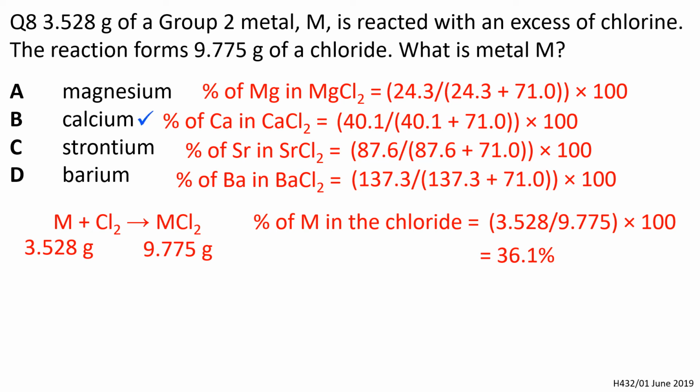The answer is going to work out to be calcium. So 40.1 for the calcium divided by 40.1 plus 71.0, multiply that by 100, that gives you a percentage of 36.1. So yeah, it's not a common type of question, but that's how I went about doing it.